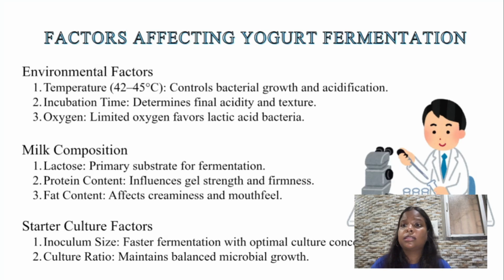Lactose serves as the substrate for fermentation, protein content influences gel strength, and fat contributes to creaminess and mouthfeel. Finally, the concentration and ratio of starter culture determine how efficiently fermentation proceeds. Maintaining these parameters within the optimal range ensures consistent and high quality production.